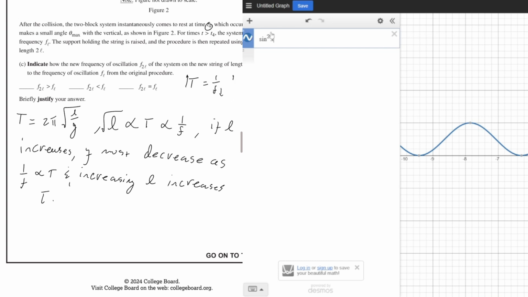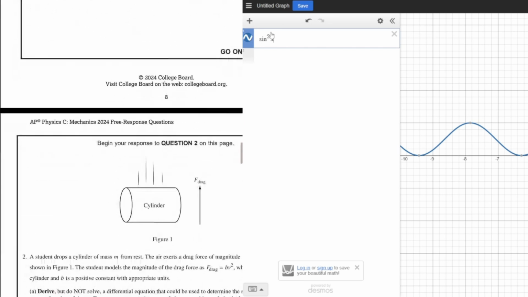Which will increase my result. So now that I know that T has to increase, then 1 over F has to decrease. So I'll say F2L has to be less than FL.